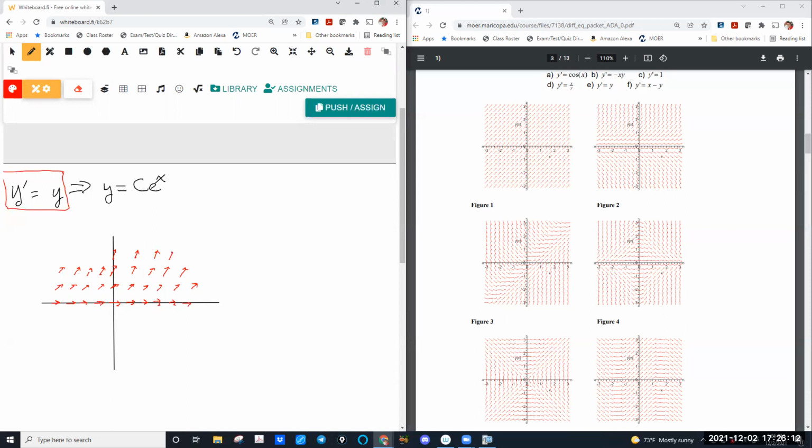So the slope at each point is basically based on the point itself. What are the x, y values? Because that's what the differential equation gives us. It gives us the rate of change at any point. If we go to -1, we get a negative slope. So we're basically going to see a mirror image of what we just drew.